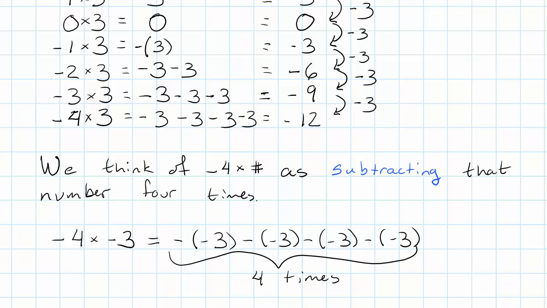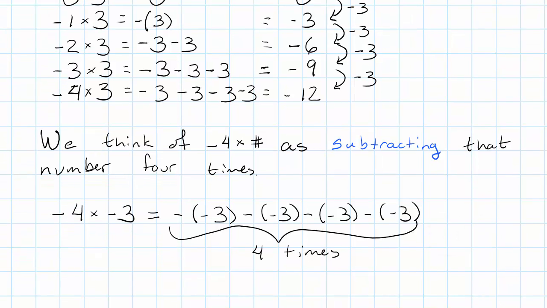Four copies of negative 3, and we subtract each. But we agreed that subtracting negative 3 is like adding positive 3. So we're really adding together 4 copies of positive 3, which is positive 12.